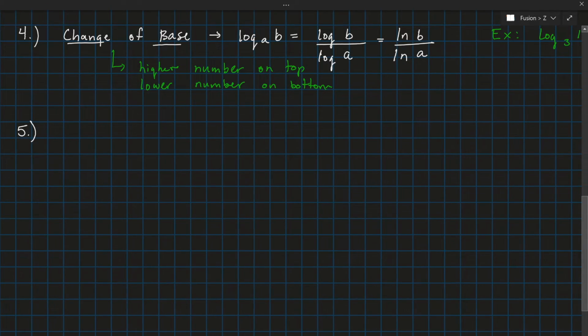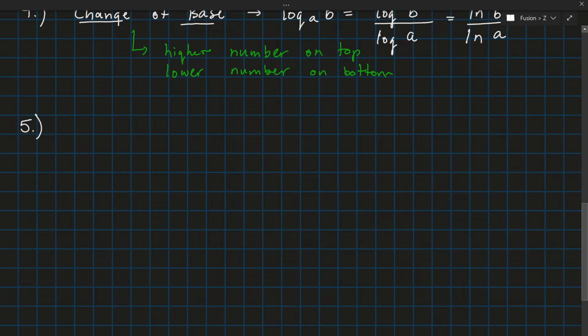The next is kind of a result of logs and exponents being inverses of each other. Let's say we have log base A of A to the x. That is simply x.